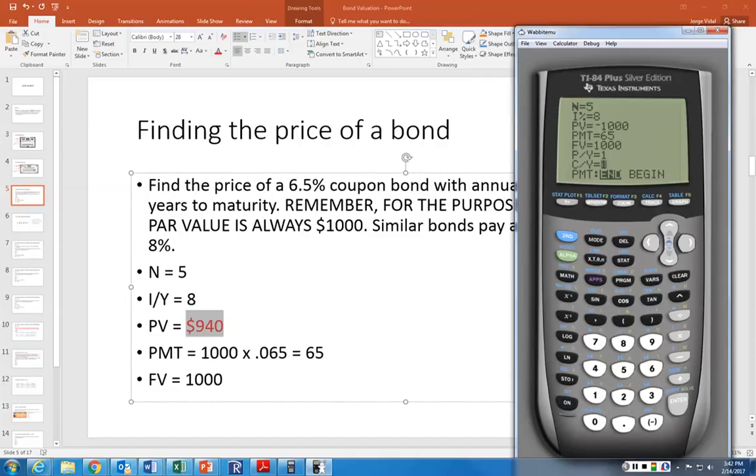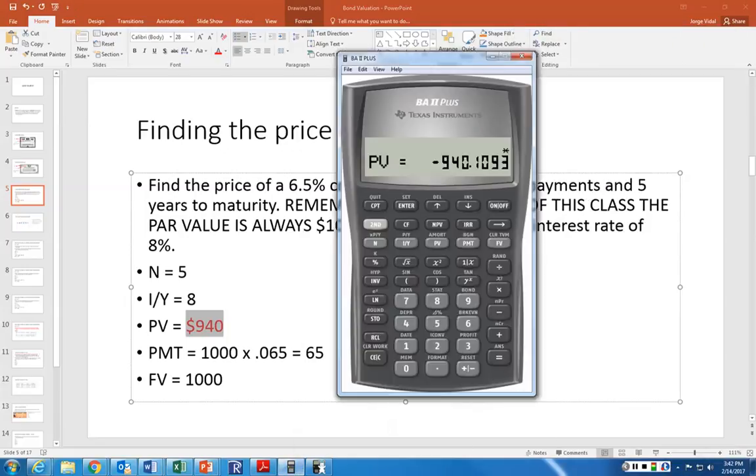If you have a different number, it'll give you the wrong answer. And then alpha, enter, and there is your 940. Same result. In this calculator, if you're getting the wrong number, it is also because you have the P/Y equal to other number than 1.